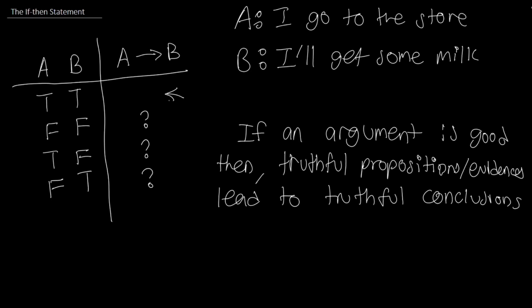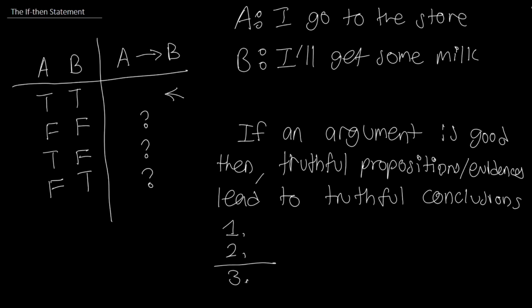Okay, so the idea is let's construct an argument that is good. So what do we need for an argument? We need to have our evidences and our propositions, and we also need to have conclusions. So let's have two propositions and one conclusion.